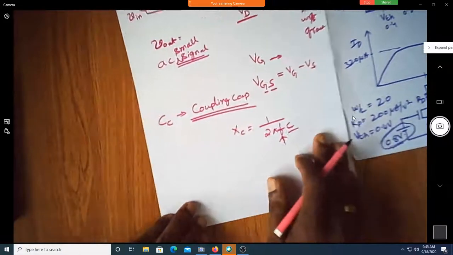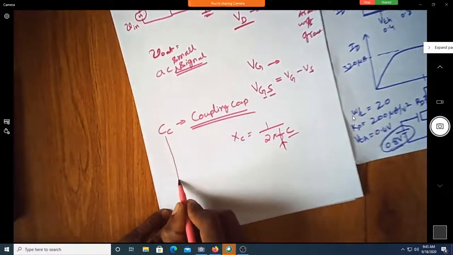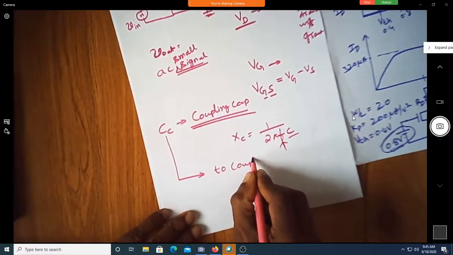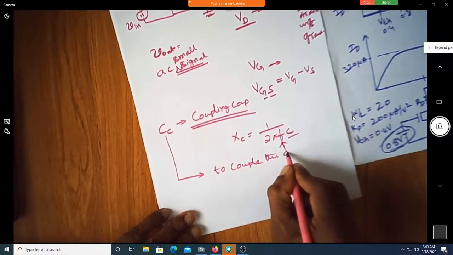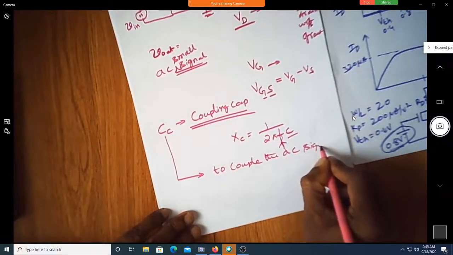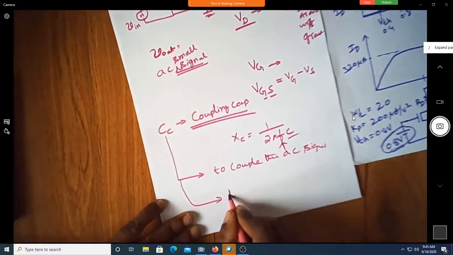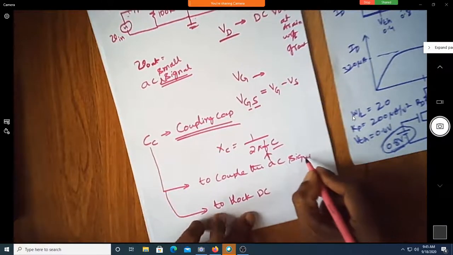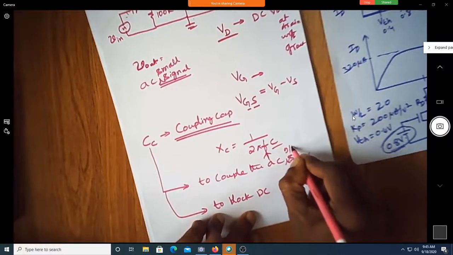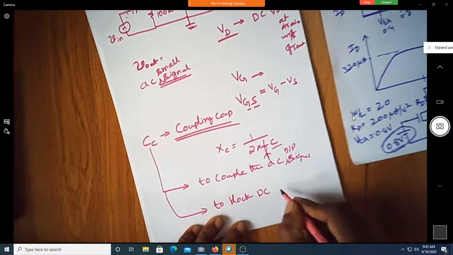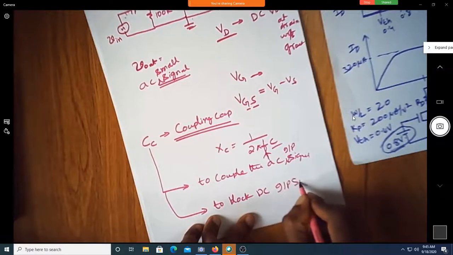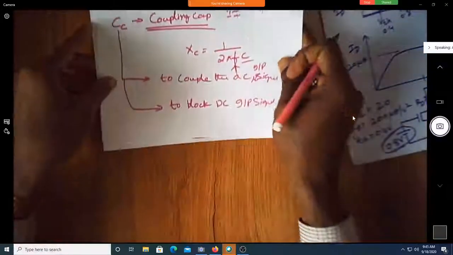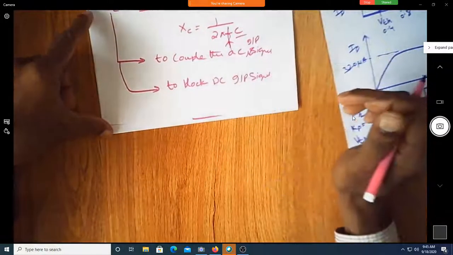The purpose of using this CC is to couple the AC input signal, and the second is to block the DC input signal. How do we say it couples the AC signal, and how do we say it blocks the DC signal?